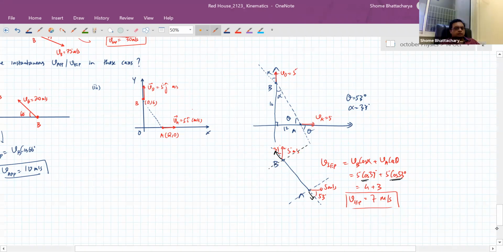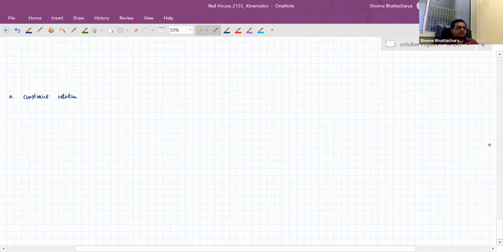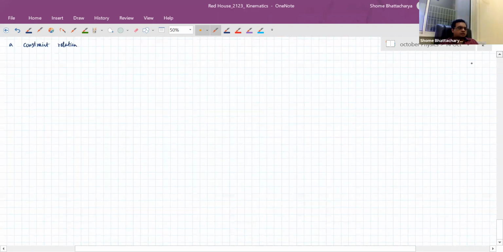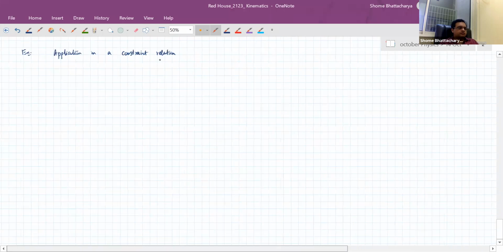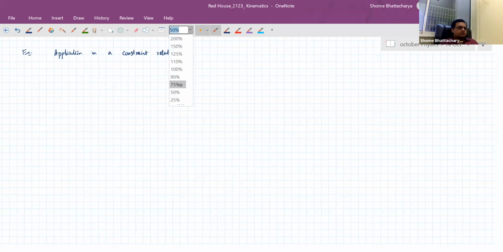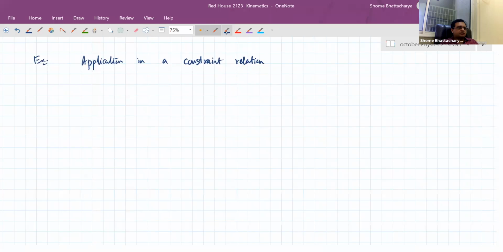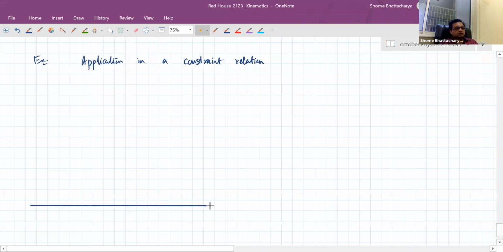Okay, so now moving on to an example of the application of this. You'll see one very typical type of question, which can sometimes be a little troubling in constraint relation type of examples. Something like this.